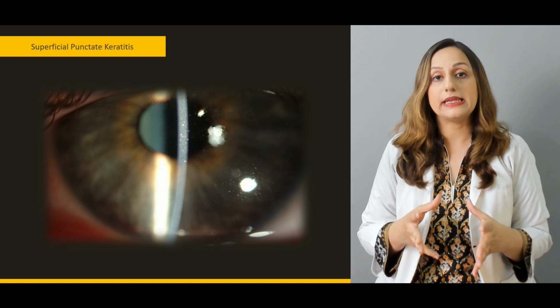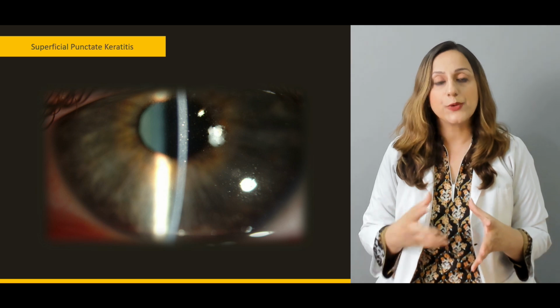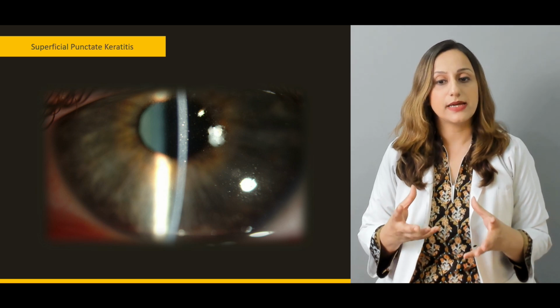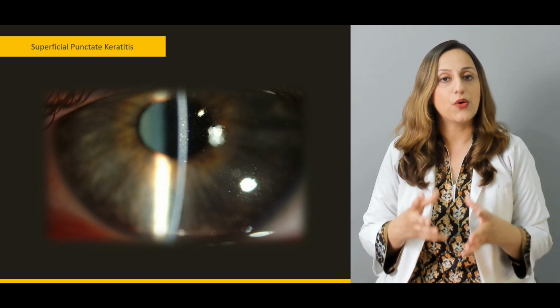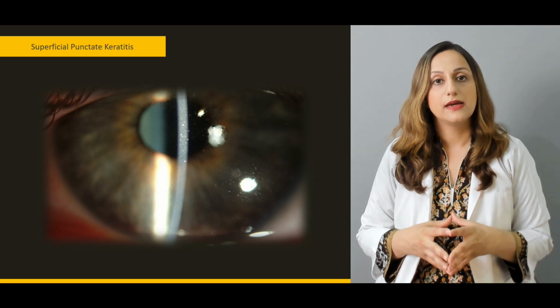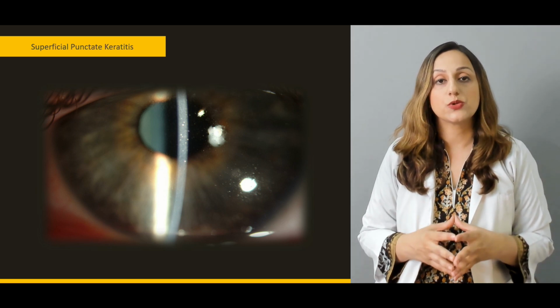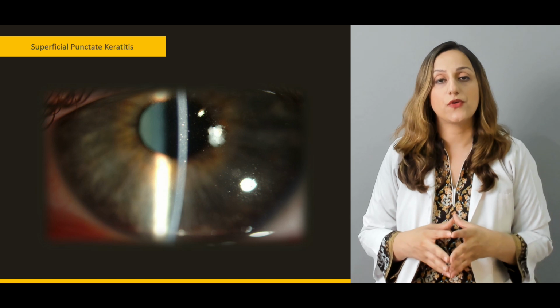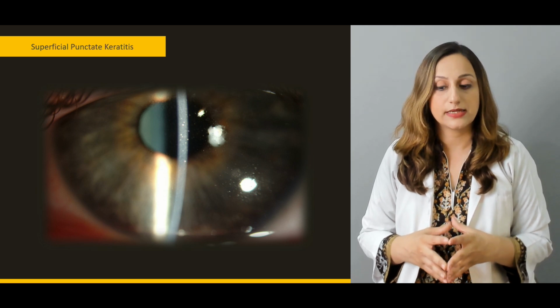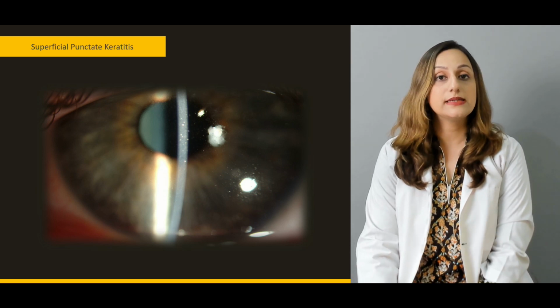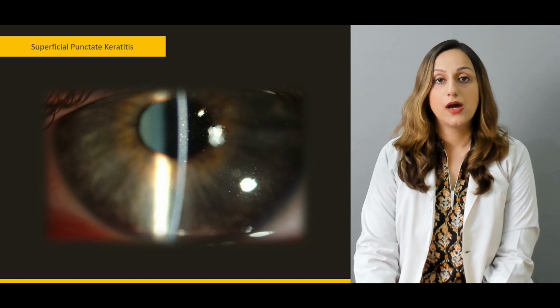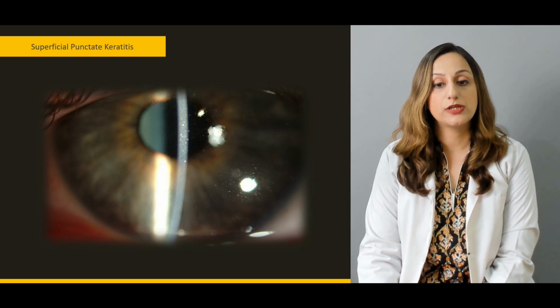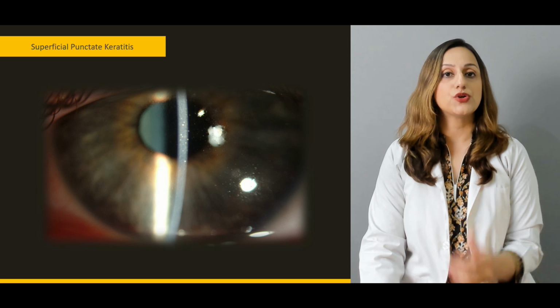If you find any grayish, cloudy patches on the cornea, that is basically giving you the definitive diagnosis of a diffuse kind of, or even a punctate kind of keratitis. So these are the findings that you're going to look for when you are looking at the patient on a slit lamp.